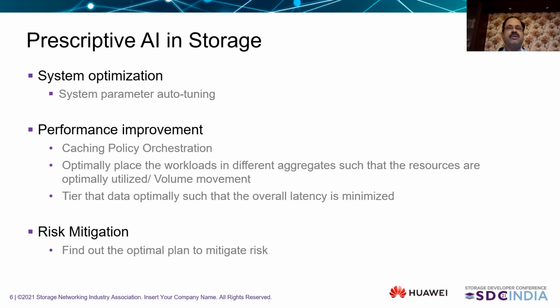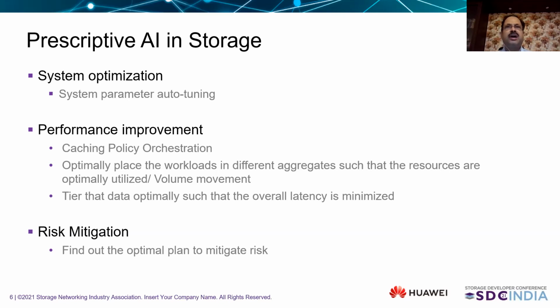Then tier the data optimally such that overall latency is minimized. Nowadays HPC architectures generally have a two-tier architecture. One is the performance tier, NAS for NFS or NAS architecture, and the backend is the object tier, the object store, which is the capacity tier. For example, there are OEKI and Kimulo offering two-tier architecture.